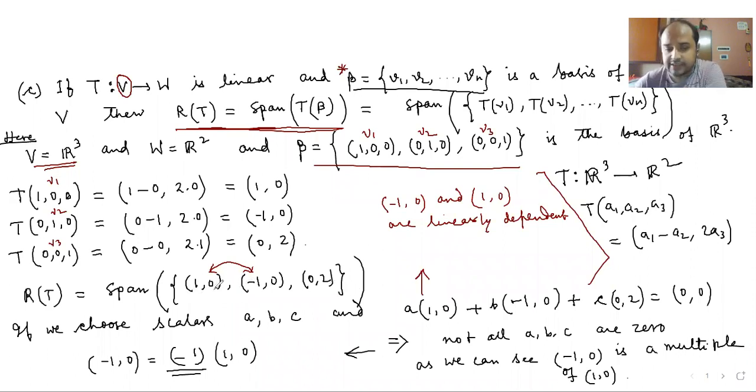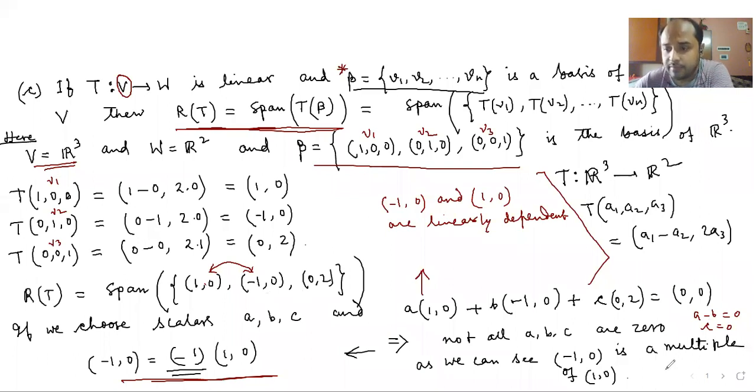If I show that this set is not linearly independent, then it will not be a basis. But careful checking has revealed that the vectors 1 0 and minus 1 0 are dependent on one another. Even if you do this calculation, you will find a minus b equal to 0 and c equal to 0. So a equals b and c equals 0. Not all scalars are 0. So minus 1 0 can be written as a scalar multiple of 1 0. So they are dependent, and since they are dependent, one of these vectors is redundant. You can omit it.